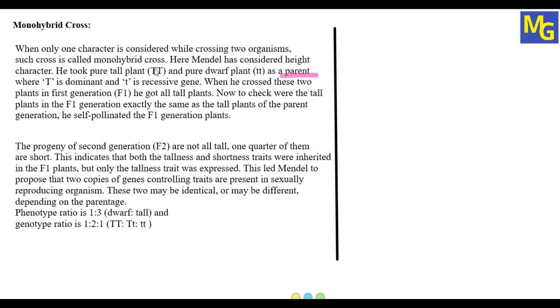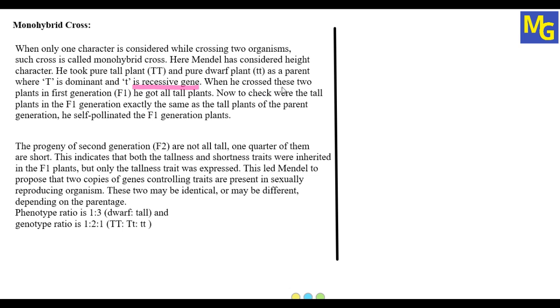So remember, here we are going to take two pure plants. One is pure tall, one is pure dwarf, where capital T is dominant. Always remember, I have told you in the last class, a capital letter is used for the dominant character. So capital T is dominant and small t is recessive.